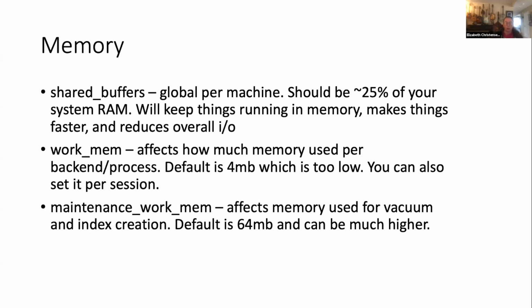There are some tools online if you need help figuring out that math. The maintenance work memory is memory that Postgres uses internally to do things like vacuum and create indexes. This comes with a default out of the box that's typically also too low, and you can tune and change that. Do a little research about that before you change all this stuff.